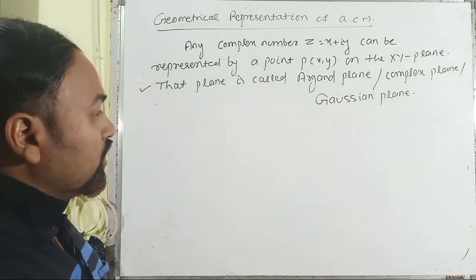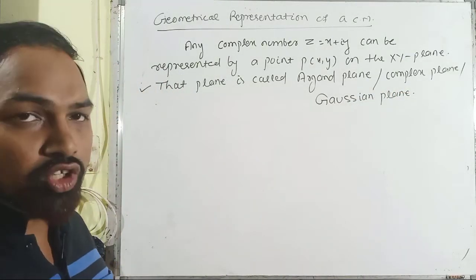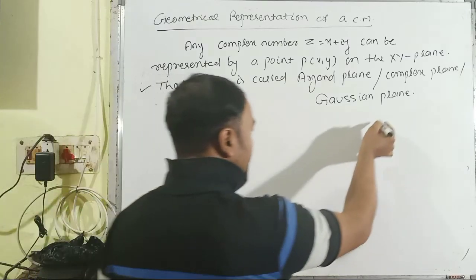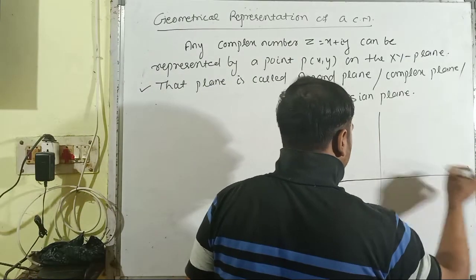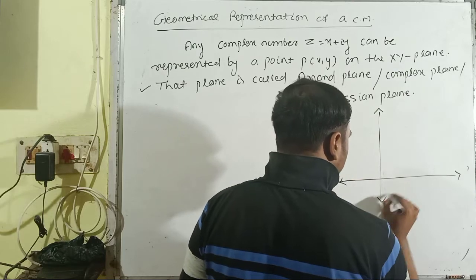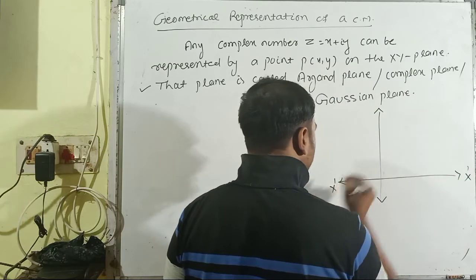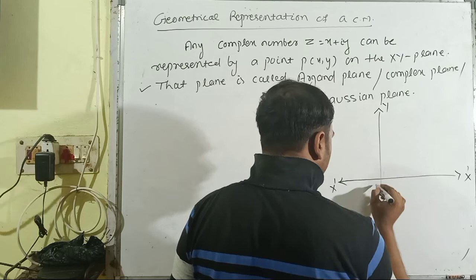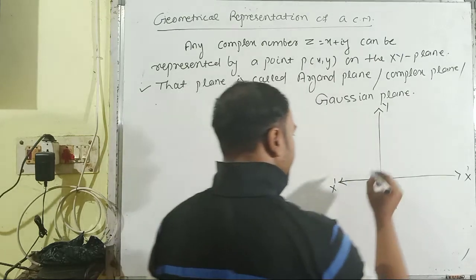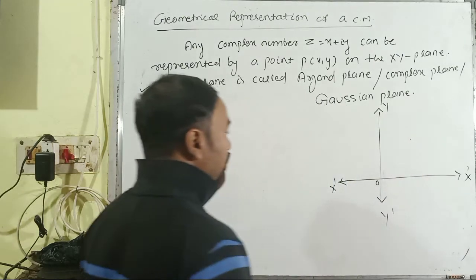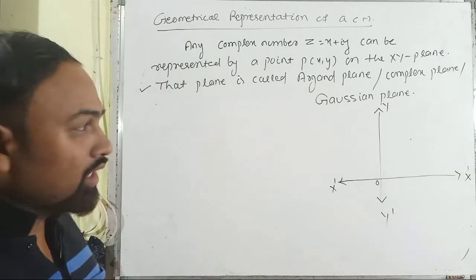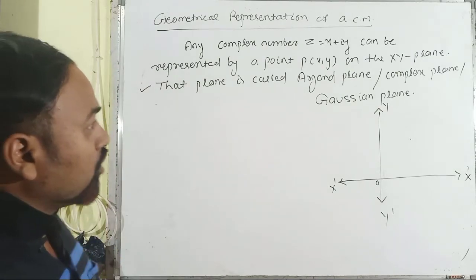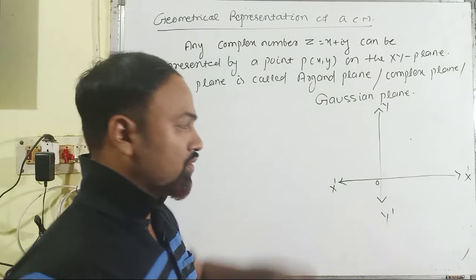Okay, then let us discuss the geometrical representation of a complex number with the help of a diagram here. This is the xy plane, here it is x dash, y dash, and this is the origin. Suppose this is the point P(x, y), used for the complex number z is equal to x plus iy.